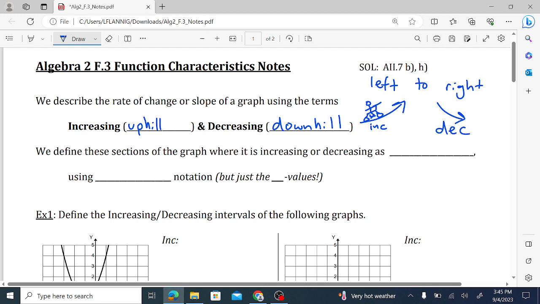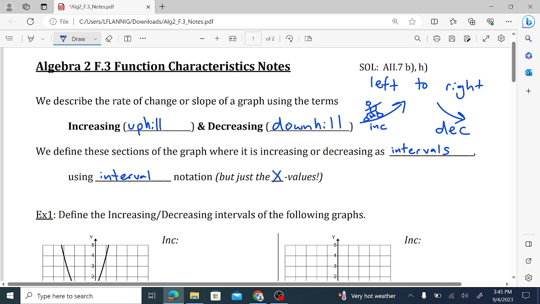We define these sections of the graph where it is increasing or decreasing as intervals. And we talked about intervals when we talked about interval notation already. And using interval notation, like we just talked about, that's how we're going to describe which part of the graph is uphill and which part of the graph is downhill, or increasing and decreasing.